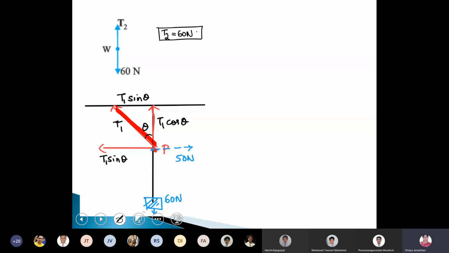For that, I'll mark this point as A, this point as B. This is 90 degrees. Clear, boys? Now I'll take just this triangle separately. This is 90 degrees, this angle is theta, this point is A, this point is B. My aim is to find what is BP and what is AB, because AP is T1.